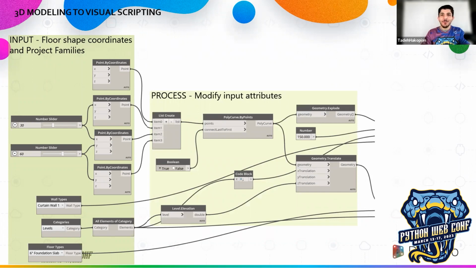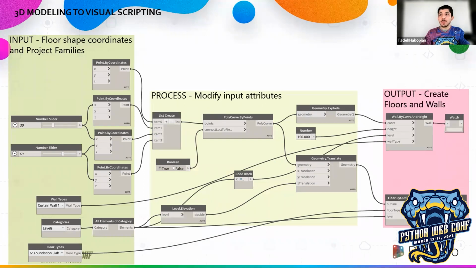We're adding the points together into a rectangular outline, and then telling the elements of the floors and walls, what have you, to then map to the places these outlines are. And then output on the top there, a wall at a certain height, and at the bottom there, a floor that is also matching the walls.